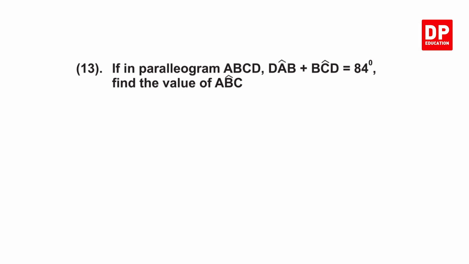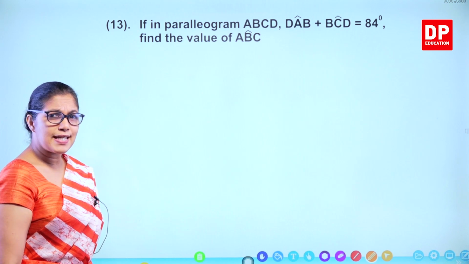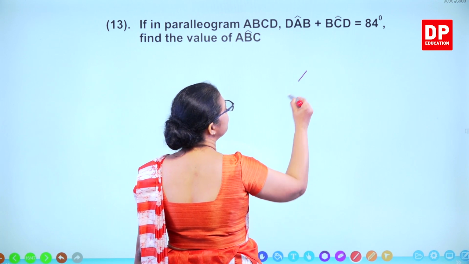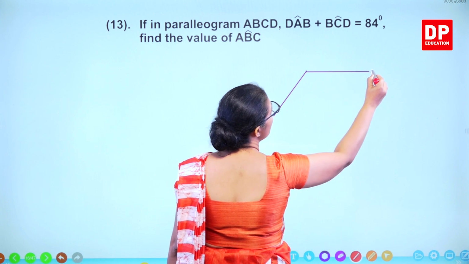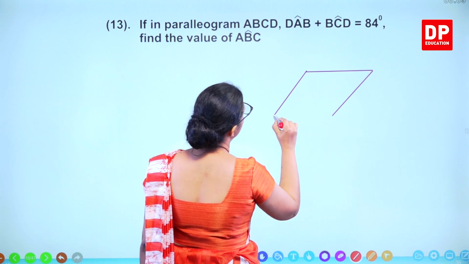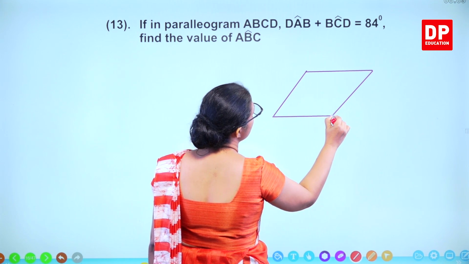Question number 13. If in parallelogram ABCD, DAB plus BCD equals 84, find the value of ABC. So you need to just sketch the parallelogram. We'll sketch a parallelogram, something like this.